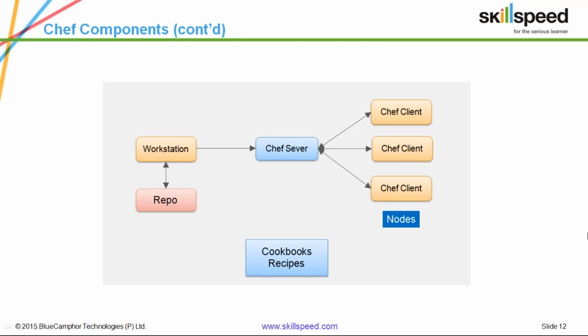Now chef server pushes that cookbook to each of these nodes, and these nodes have a chef client, and that is how chef server can manage thousands of nodes at the same time. Okay, so now we have a workstation, we have a chef server, we have nodes. So we have the three elements which we needed in order to show you the full demo.